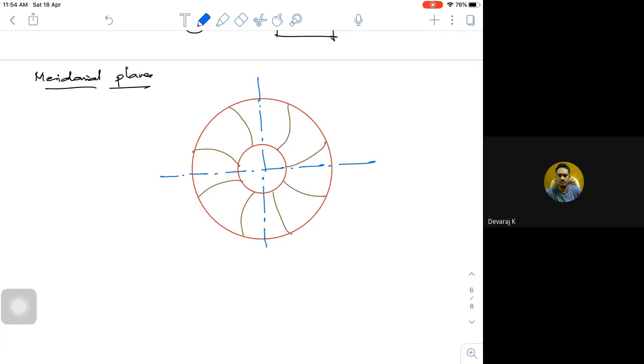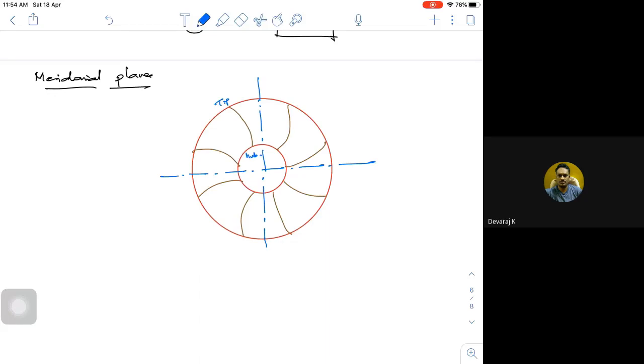Say this outer one we call the tip, and the inner one we call the hub. It is so difficult to draw because it is not on a particular plane. I can't draw a triangle on it directly.